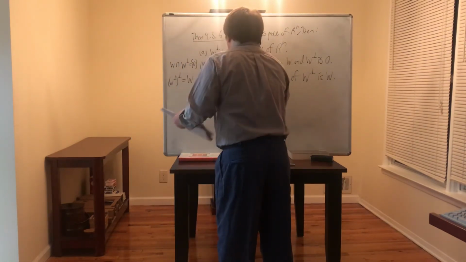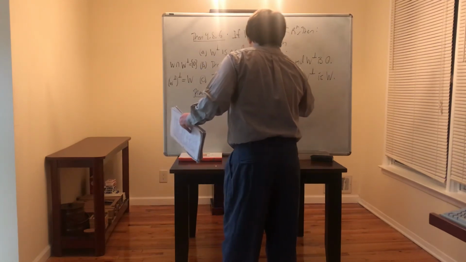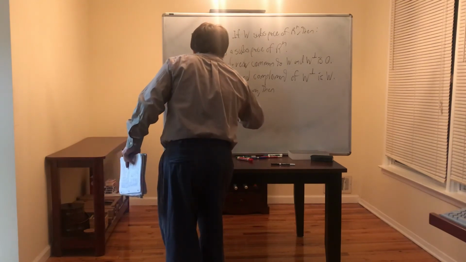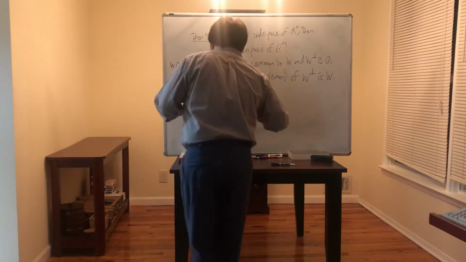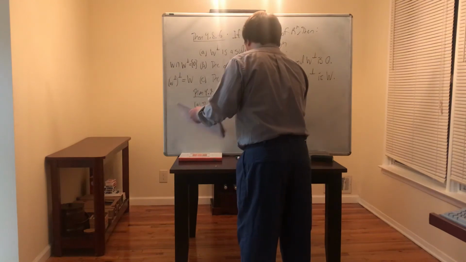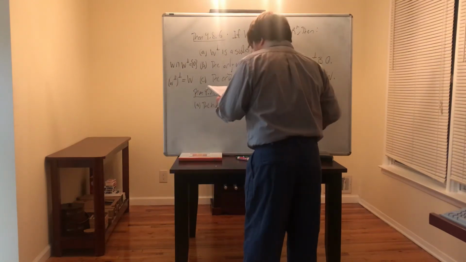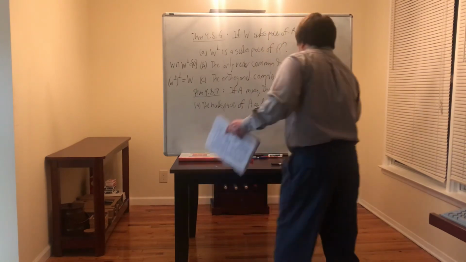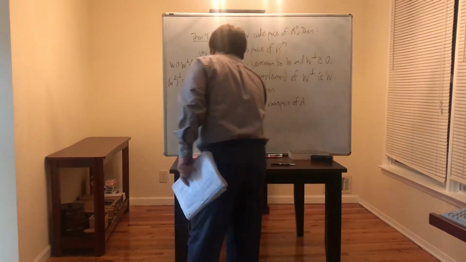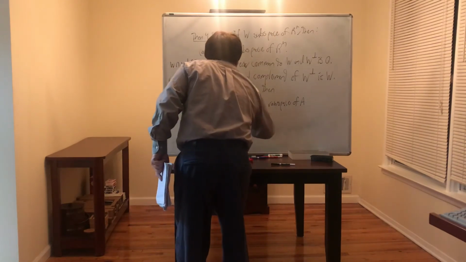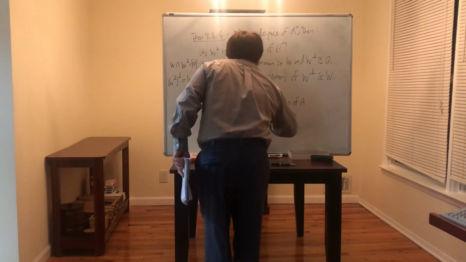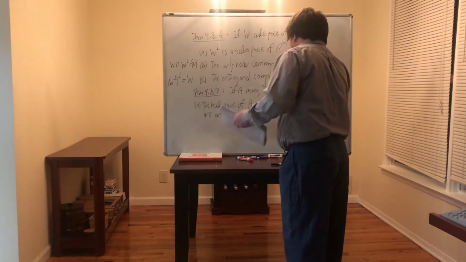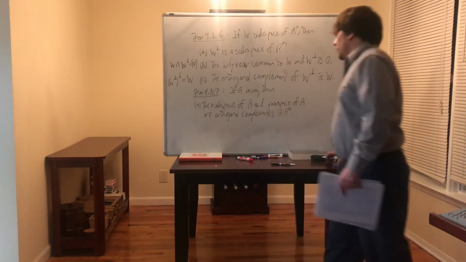If A is n by n, then the null space of A and the row space of A are orthogonal complements in Rn.